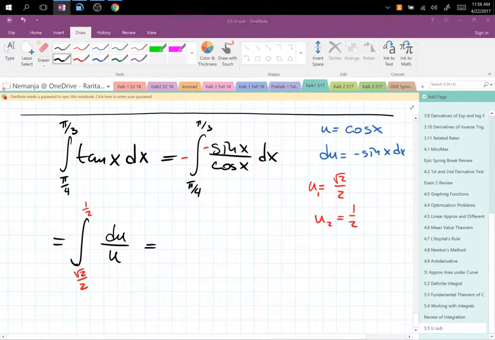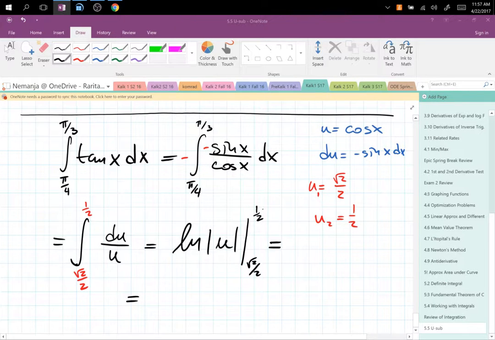Now what is the integral of du over u? We talked about it.